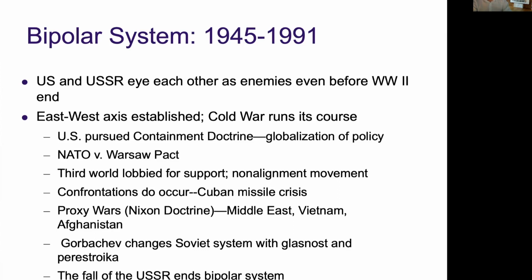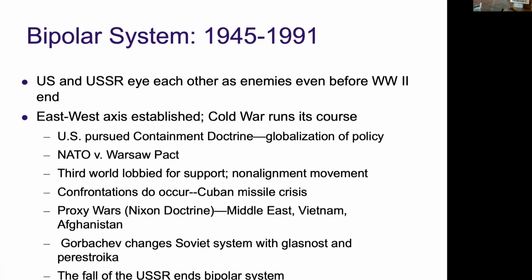Another part which is really interesting in looking at the end of this bipolar system: unlike the multipolar system, which ended in a war, basically the First World War and then subsequently the Second World War, as the ultimate end of this power distribution known from a global perspective, we do see that the bipolar system imploded rather than created military conflicts.